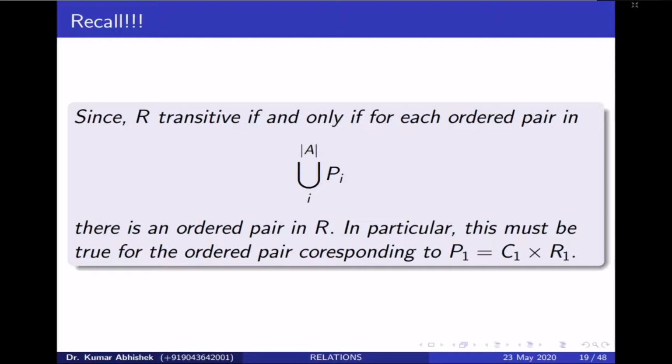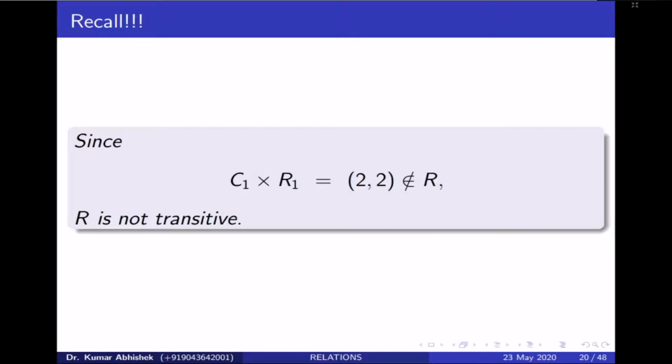If we compute the Cartesian product of C1 and R1, for R to be transitive this Cartesian product must be in the relation R. And we see that the Cartesian product of C1 and R1 does not belong to the relation R. So R is not transitive.